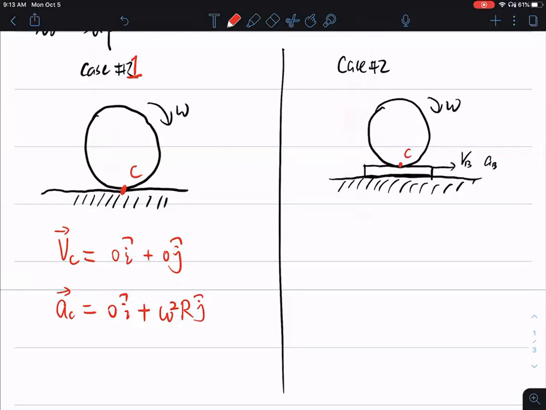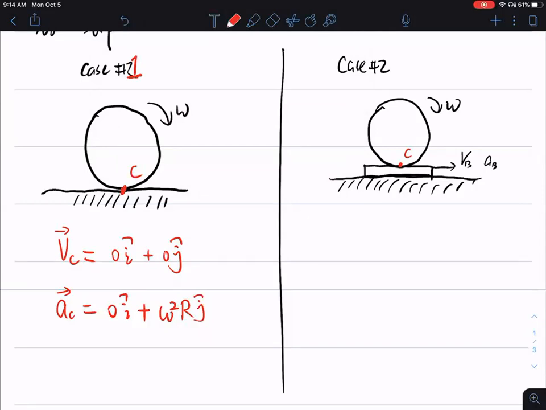Now let's see this again. Let me ask that question. For case number two, we still have that contact point C between the wheel and that block. Is this point C the instant center of our wheel? That's my question. Is point C the instant center of this rigid body?